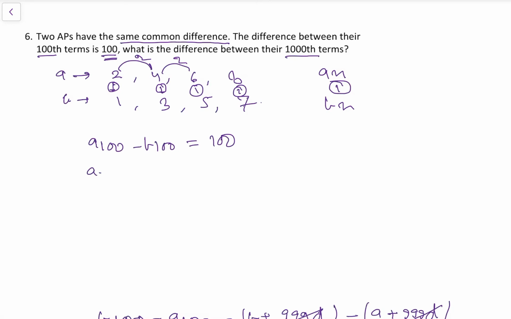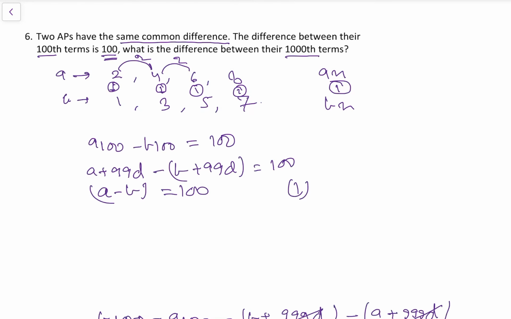So we can write A plus 99D minus B plus 99D is equal to 100. So we can say A minus B is equal to 100. Let's mark this as 1.